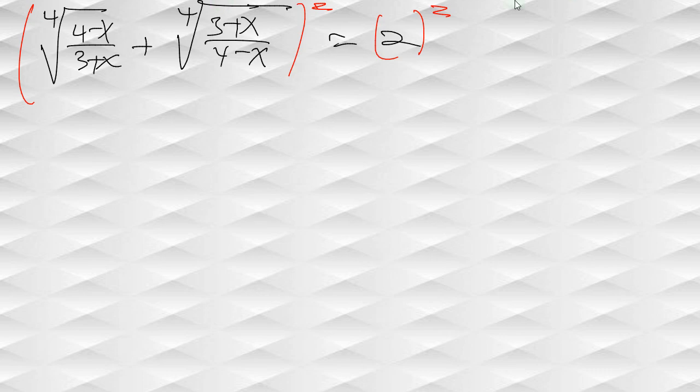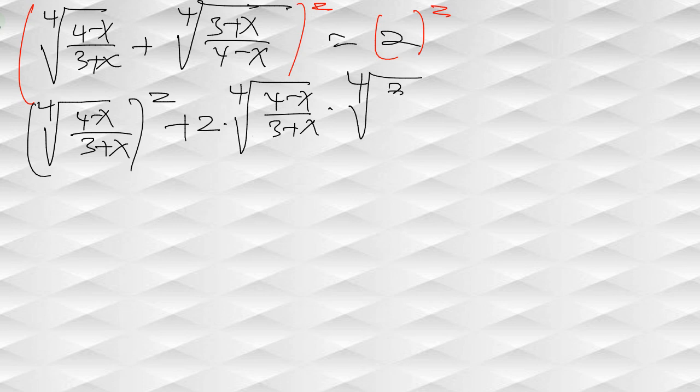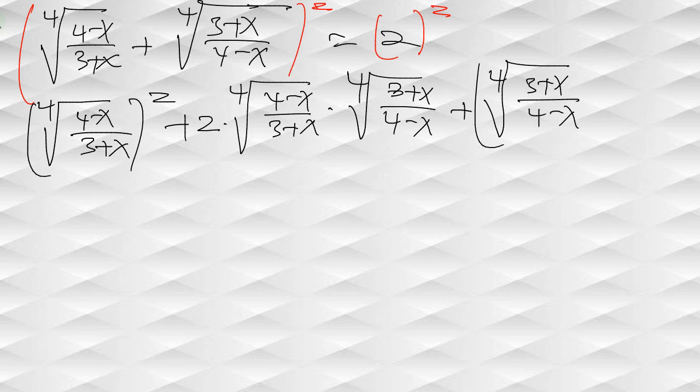Okay, cool. We're gonna have then the 4th root of 4 minus x over 3 plus x, to the power of 2, and then plus 2 times the first one, 4 minus x over 3 plus x, times the second one, which is 3 plus x over 4 minus x, plus the second one squared, which is the 4th root of 3 plus x divided by 4 minus x, to the power of 2, and then this is equal to 4, which is 2 squared.